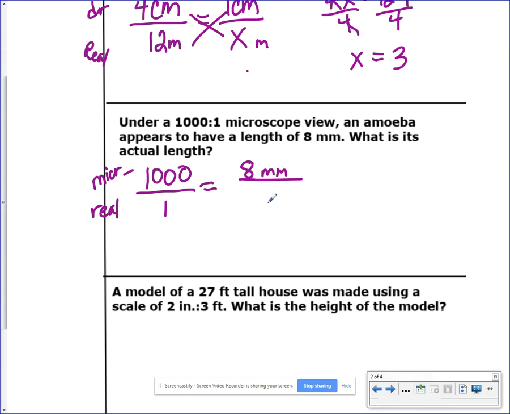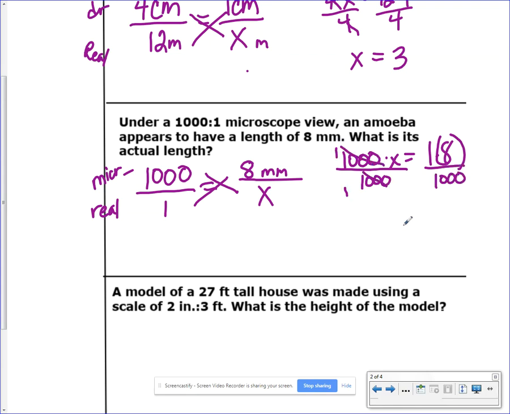What is the actual length? That goes down here. So go ahead and cross multiply and solve this one. 1,000 times x equals 1 times 8, which is just 8. Divide in order to isolate your variable x. 1,000 divided by 1,000 is 1.